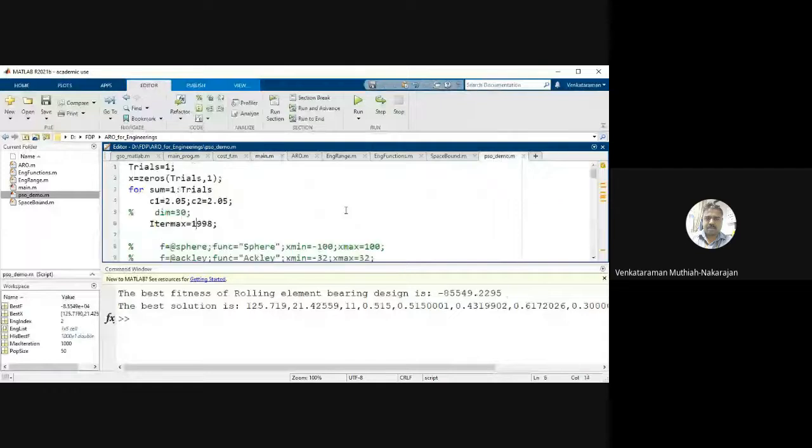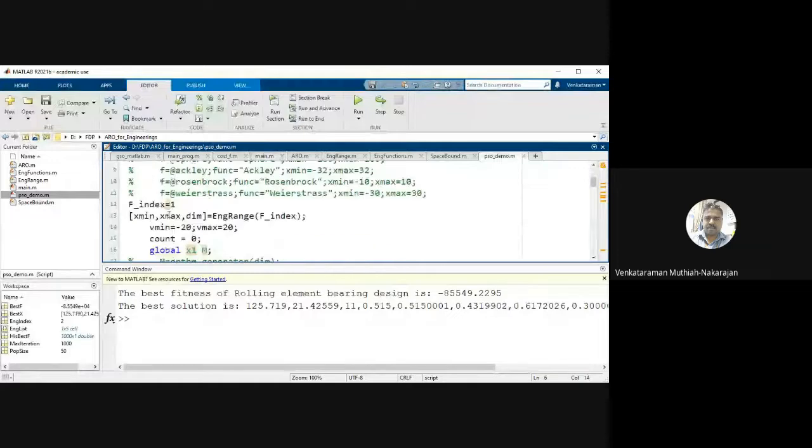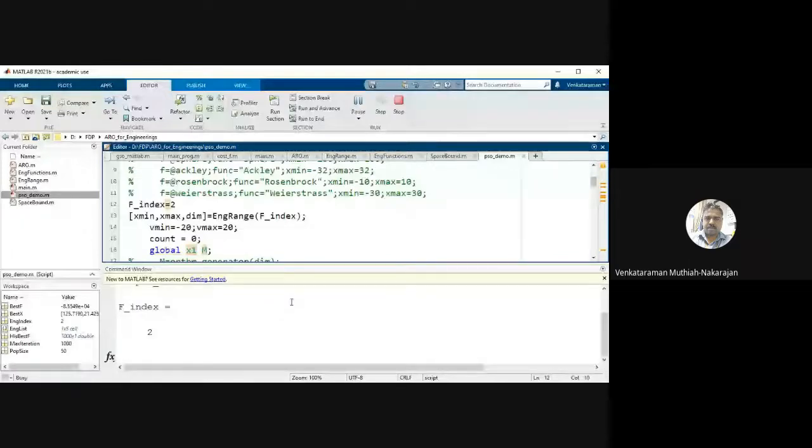Let us see how our program does. Yeah, ours is also pretty close. It's actually better than the artificial rabbits optimization algorithm. For the second problem, particle swarm optimization is better than the artificial rabbits algorithm.